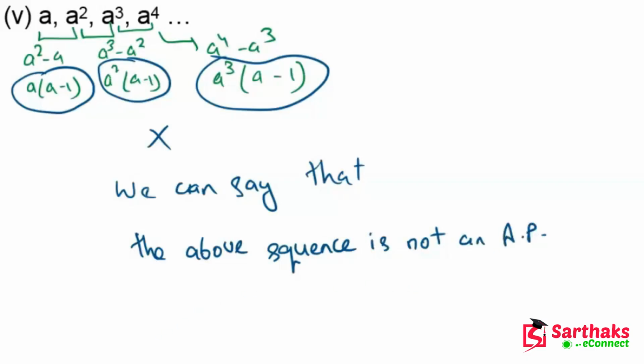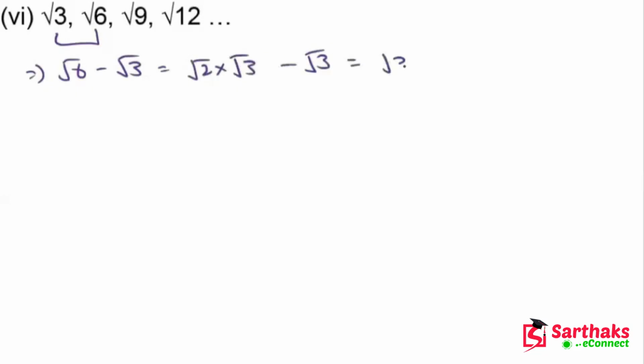So now let's move on. Again we have a question like this. We can solve it as, if we subtract root 6 minus root 3, we can write it as root 2 into root 3, minus root 3. We can take root 3 as common, we get root 2 minus 1. Now if we subtract root 9 minus root 6, then we can write root 9 as 3, minus under root 2 into under root 3.